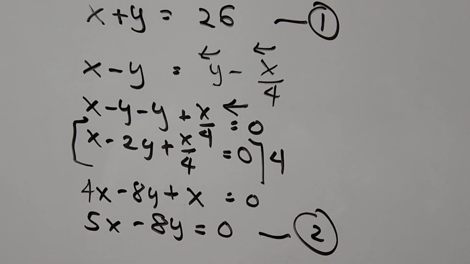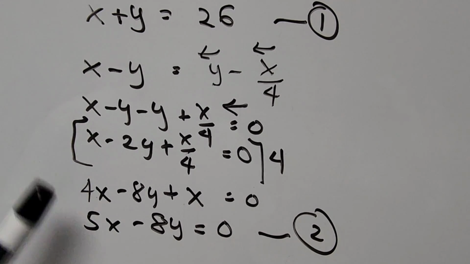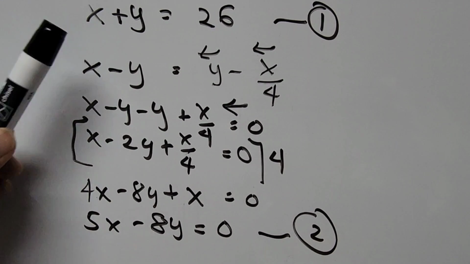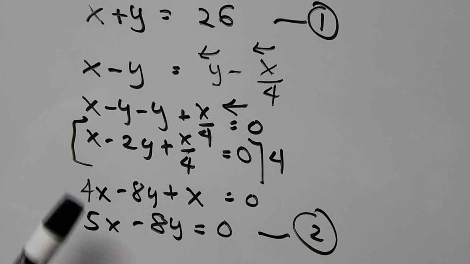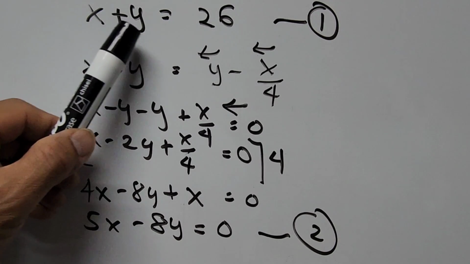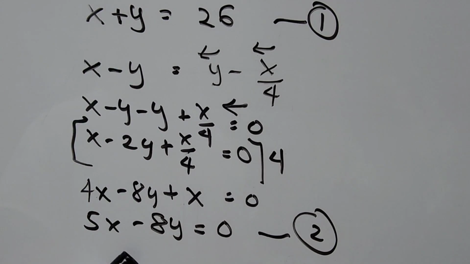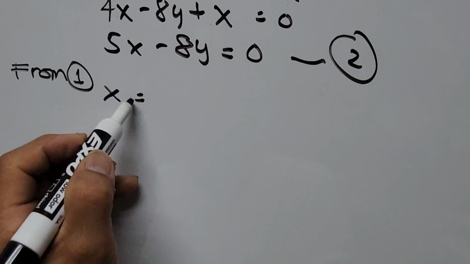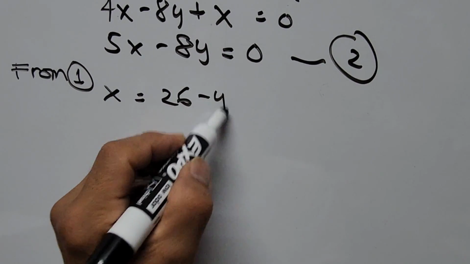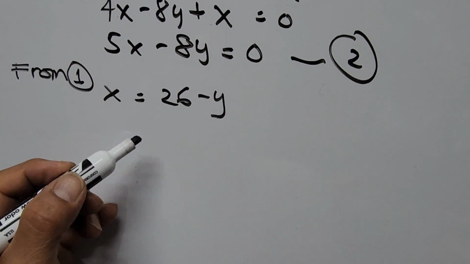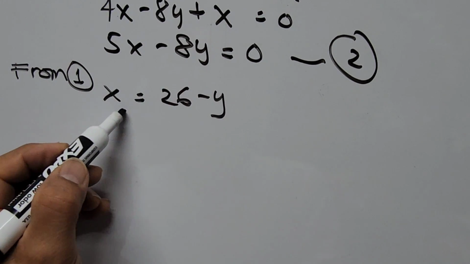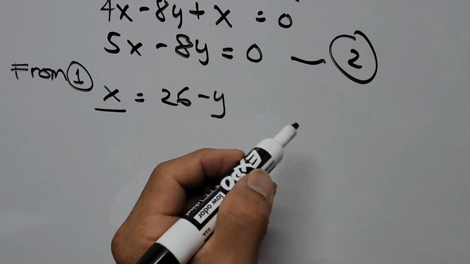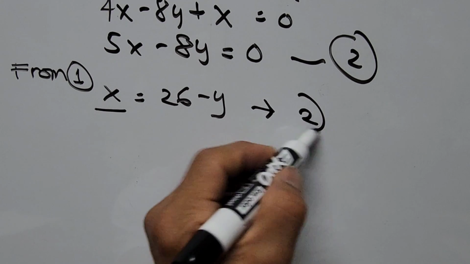And so now how do we solve these systems of equations? We have equations 1 and 2 over here. So we might as well do substitution, right? Let's simplify x in terms of y and put the value of x into equation 2. So from equation 1, we have x equals 26 minus y. Now we put this value of x into equation 2.